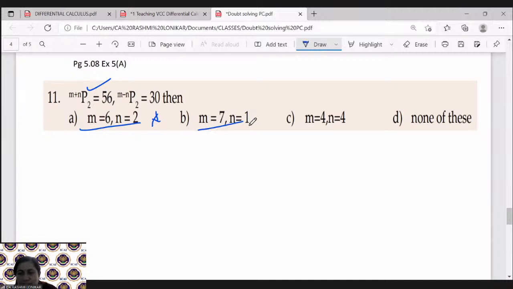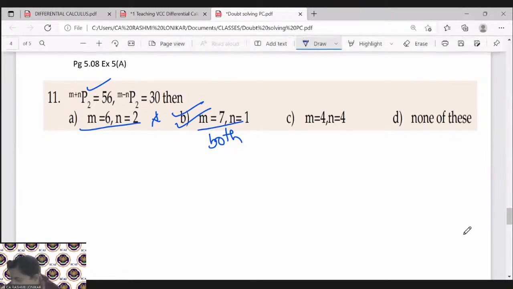You have to take the second option, m equal to 7 and n equal to 1, which satisfies both conditions, mPn, m plus n P2 and m minus n P2. Because this satisfies both, this is the correct option. Okay, so be very careful. Just because 6 and 2 satisfies the first condition, don't jump to the conclusion. Always put it in the second one also.